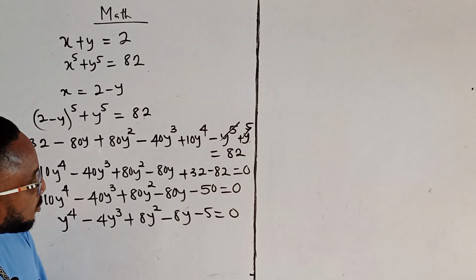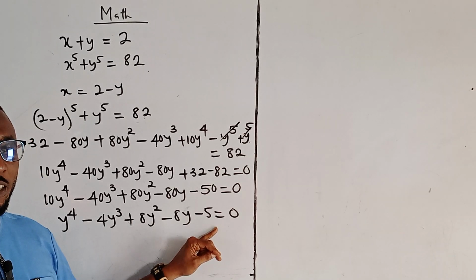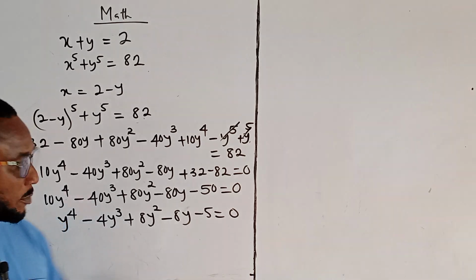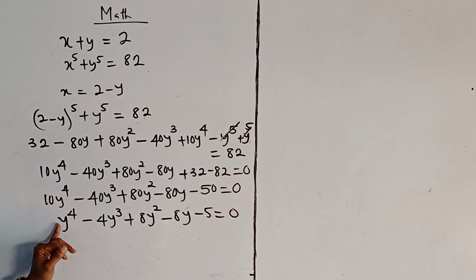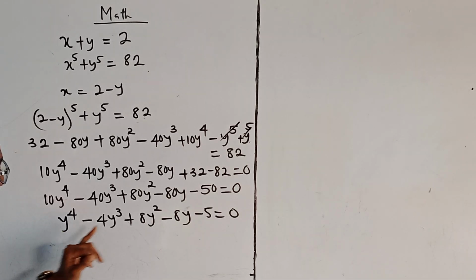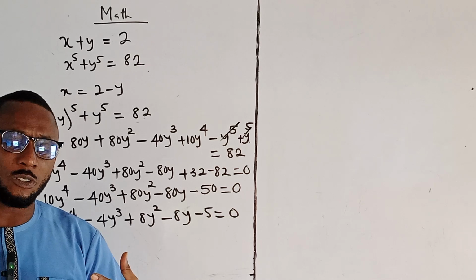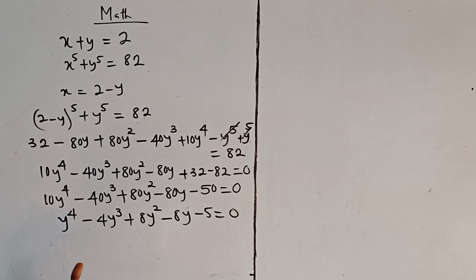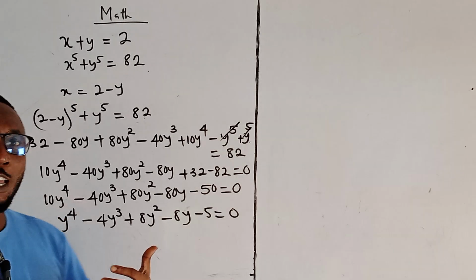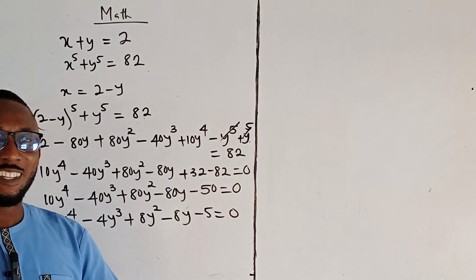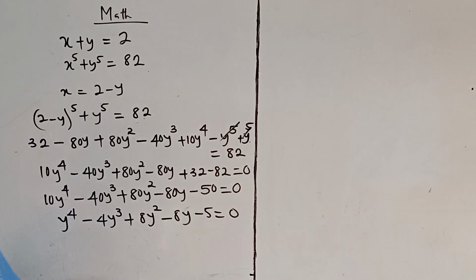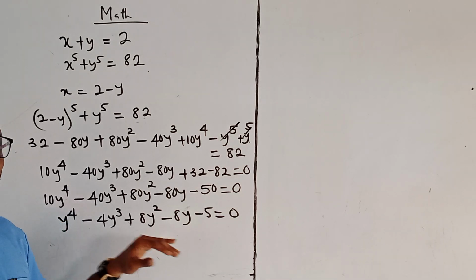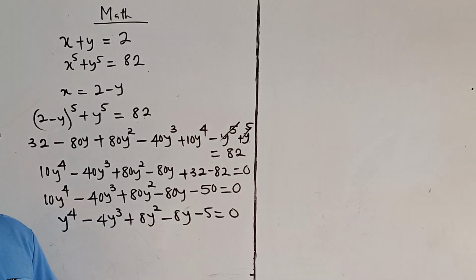From the rational root theorem, if I divide 5 by 1, that will be 5, because the leading coefficient is 1. If I stick in 1 here, that's not going to give me 0 from the factor theorem. Then if I stick in 5 here, I'm also not going to get 0. So this quartic polynomial does not have rational roots.